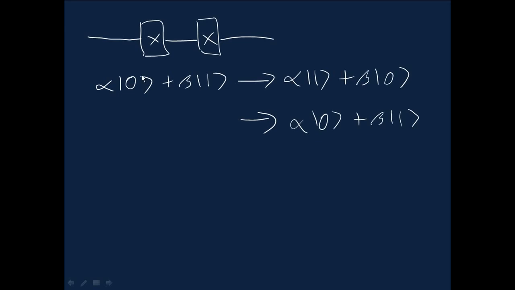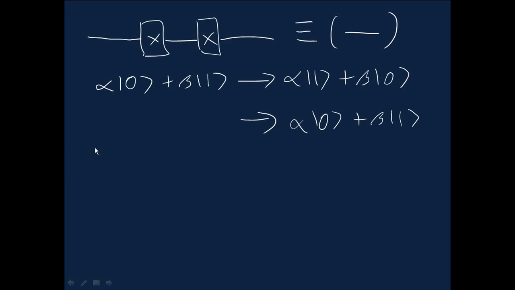And of course, what that means is that nothing has happened, that the input qubit over here is the same as the output qubit. So in fact, this is equivalent to just doing a quantum wire. This quantum circuit is effectively equivalent to a simple quantum wire.